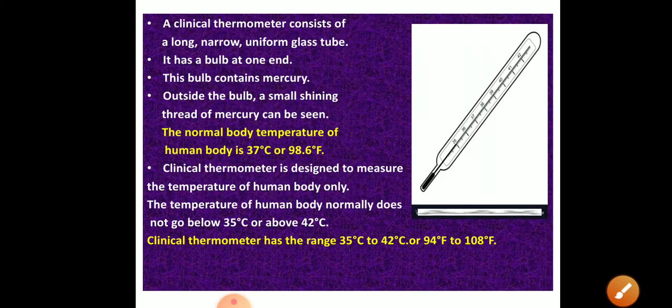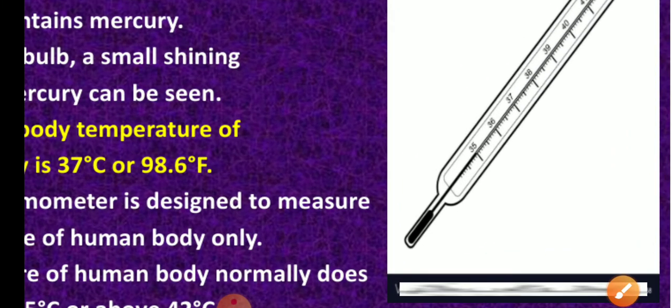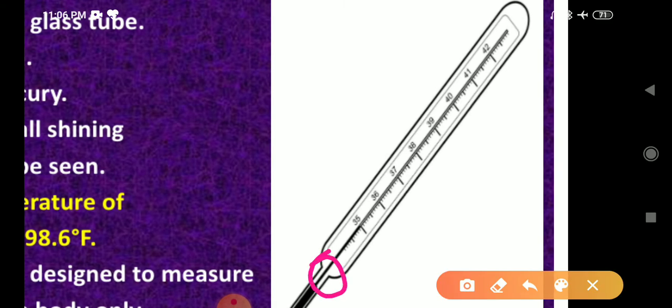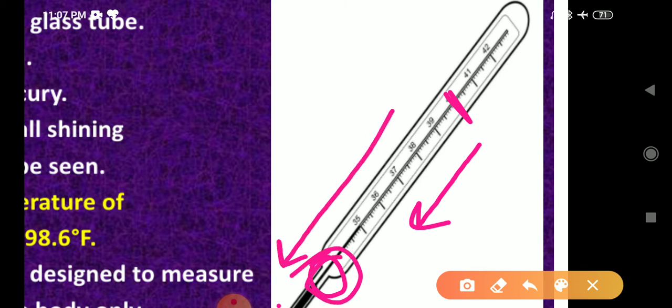Now once again see the previous diagram. In this diagram I can show you, at this place a kink, a compressed area is there, that is called the kink, and this kink checks the backflow of the mercury. Suppose the mercury level is here, then due to this kink, when you remove it from the body part, it will not come back from the tube to the bulb.